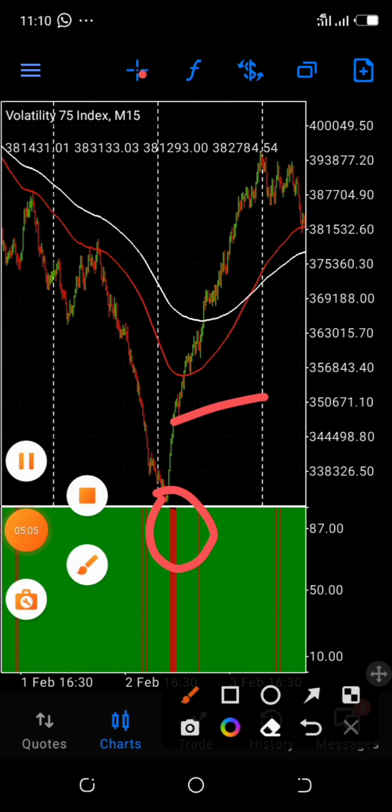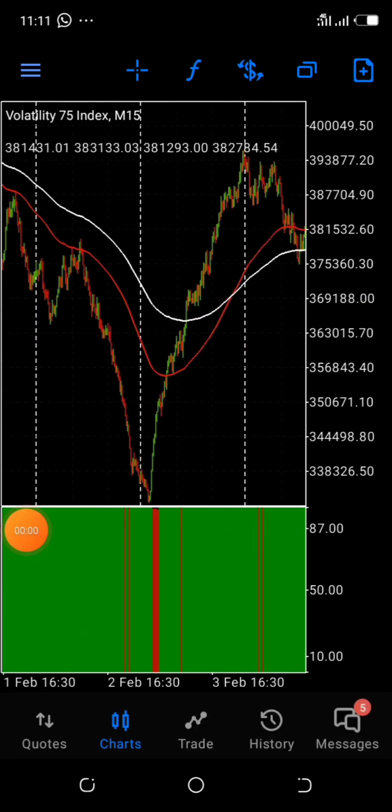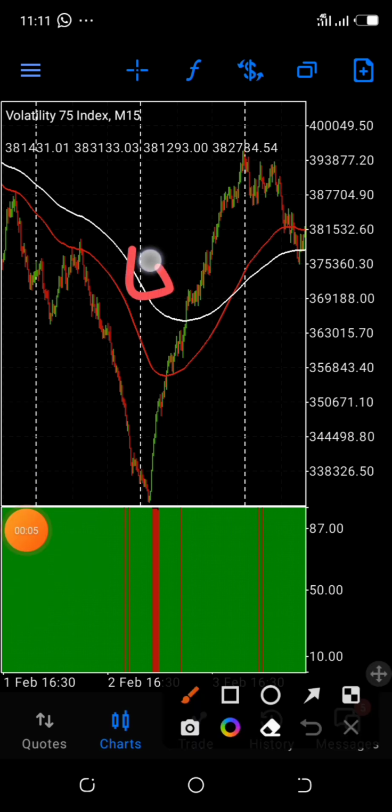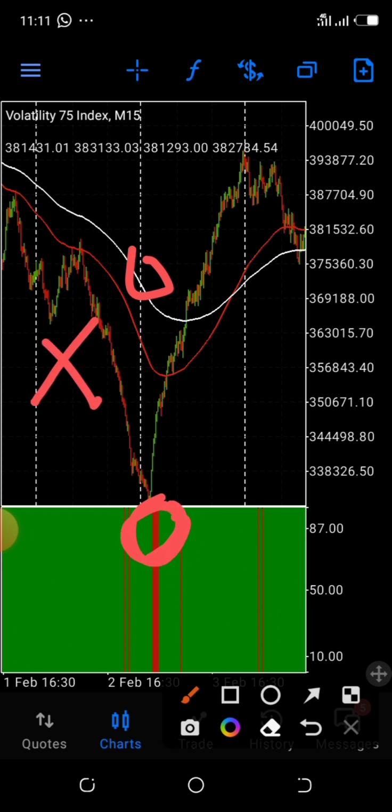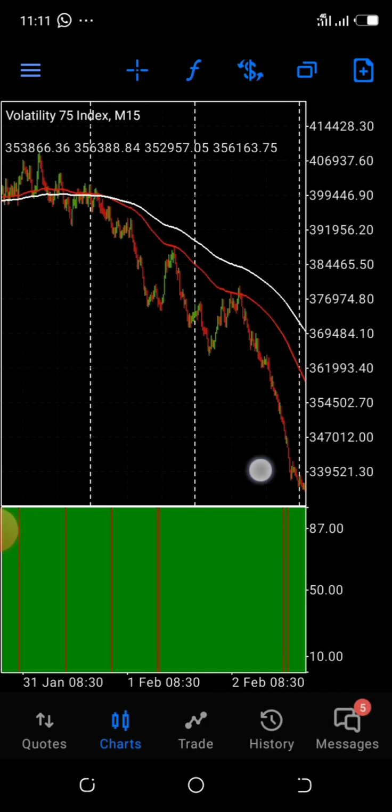We are going to wait for our price to touch the white moving averages. What happened here is we got another signal. Immediately another signal occurs, this signal automatically cancels the previous one, the one we're coming from. It immediately cancels it.